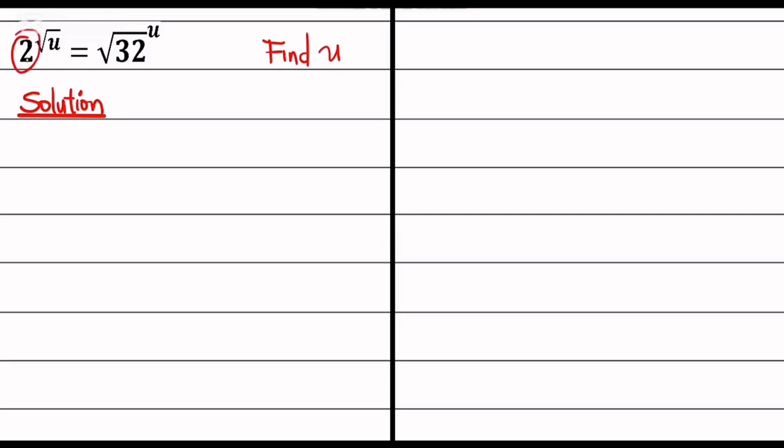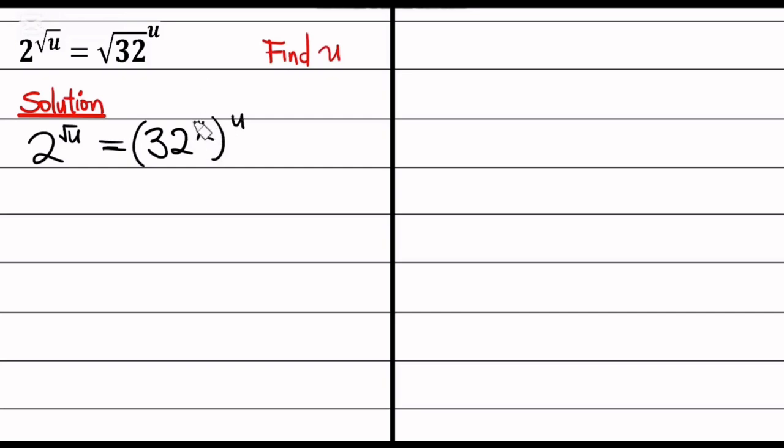We have 2 here as the base, then we have square root of 32 here as the base. We're just going to need to convert them to the same thing. Therefore, we say 2 raised to the power of u equals 32 raised to the power of half. Put this in parentheses, then the u power is still there.